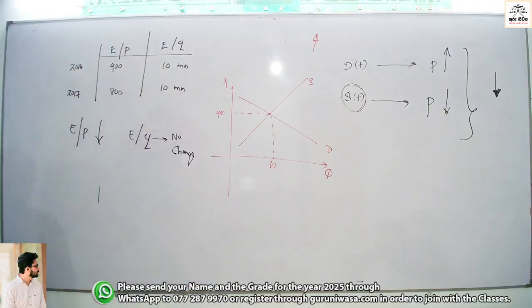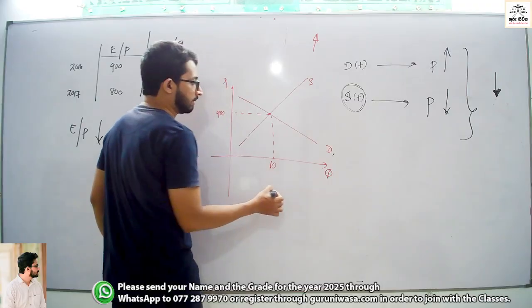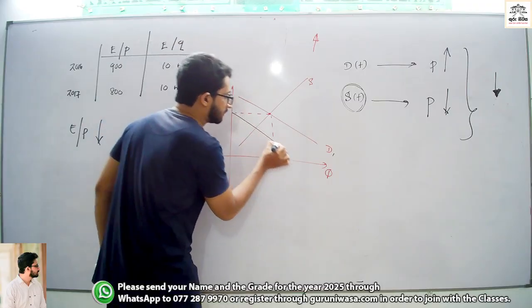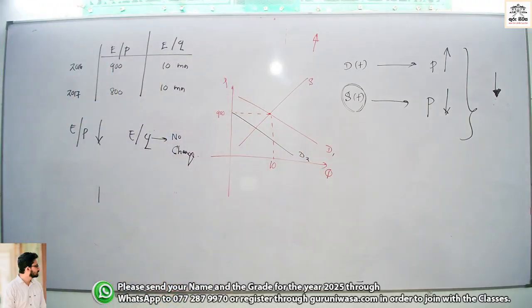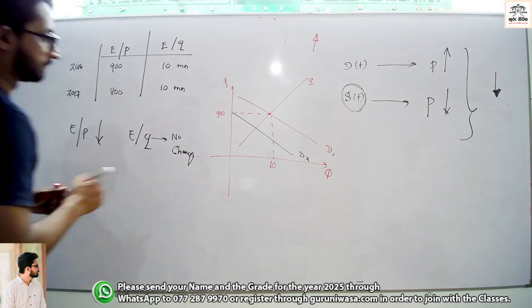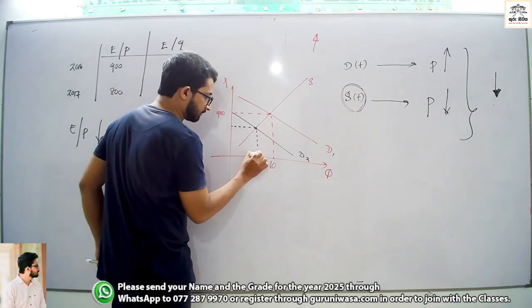The fifth answer says decrease in demand. Decrease in demand means the demand curve shifts to the left side. Now look, Dipna. Where's the new equilibrium? This is the new equilibrium price and quantity.